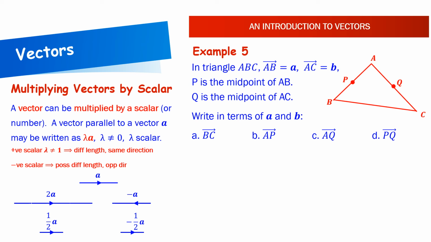So example 5 states, in triangle ABC, AB equals a, AC equals b, P is the midpoint of AB, and Q is the midpoint of AC. We are required to write in terms of a and b the vectors shown on your screen. So let's solve example 5a first.